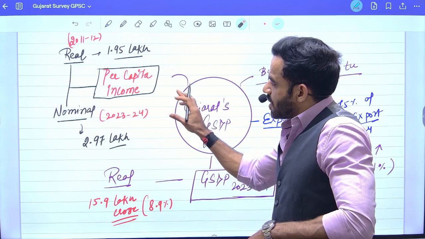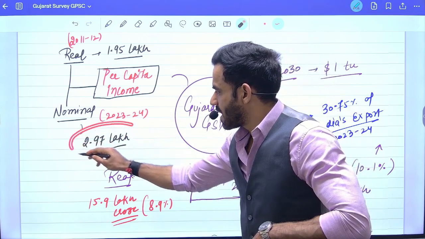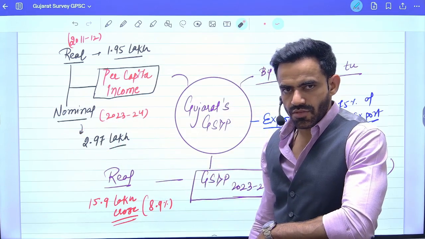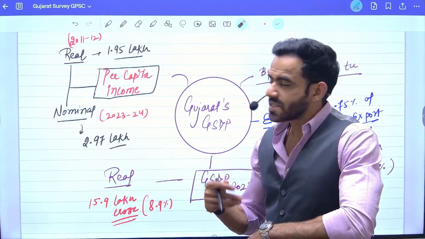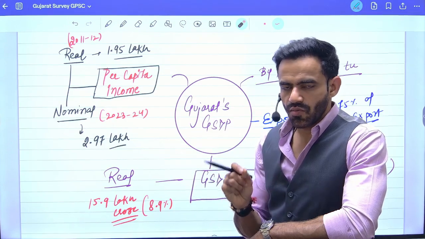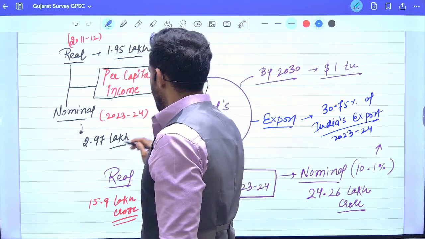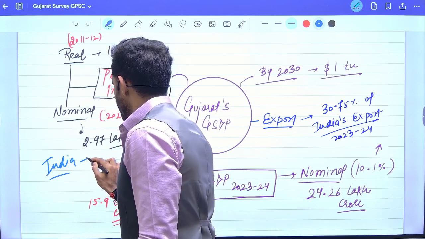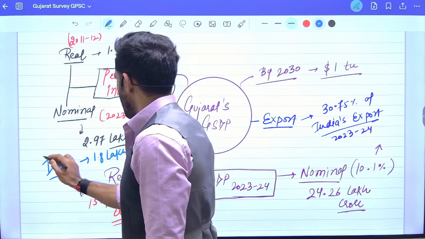Okay. Now, in terms of per capita income, the nominal per capita income of Gujarat is 2.97 lakh. This is the annual per person average income. What is India's? It is roughly 1.8 lakh. So, in a very simple sense, it is higher than the national level. Okay.